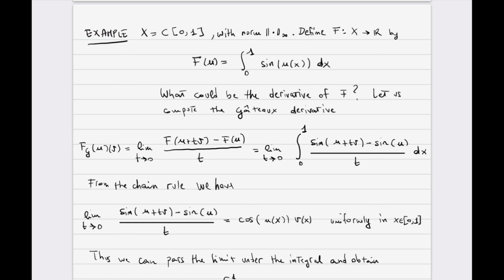Let's first compute the Gâteaux derivative of f. So along a direction v, by direct calculation we have that this holds. Here I'm just using the linearity of the integral and the definition of f.